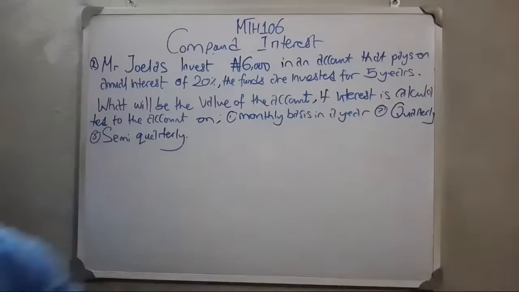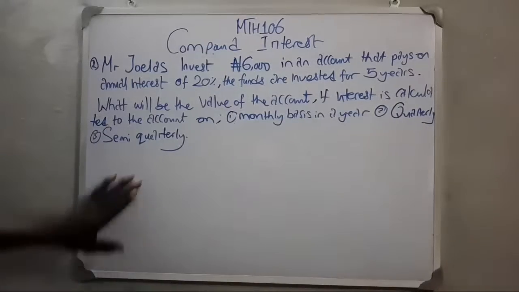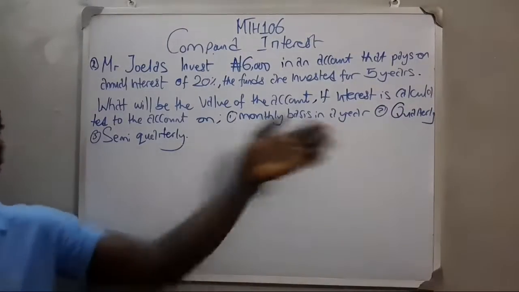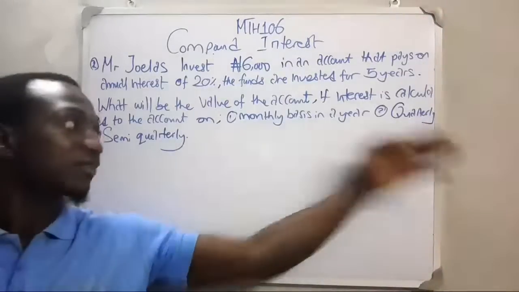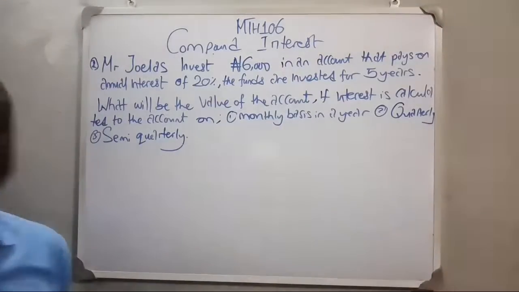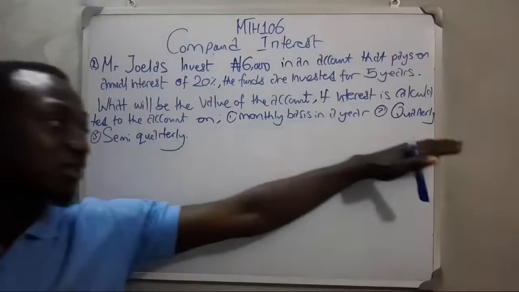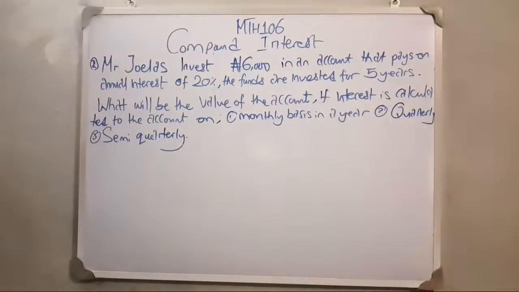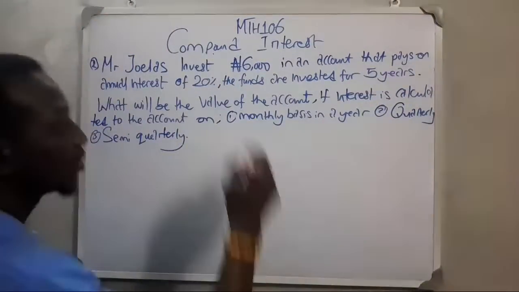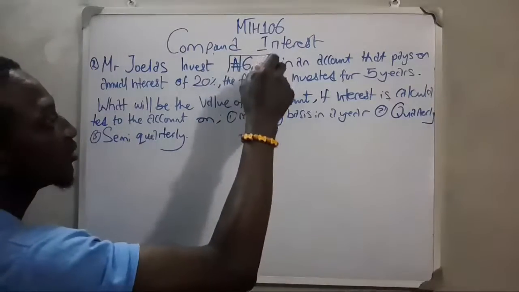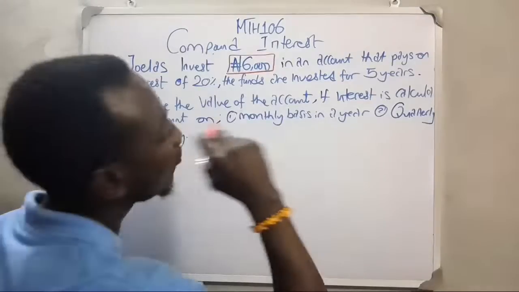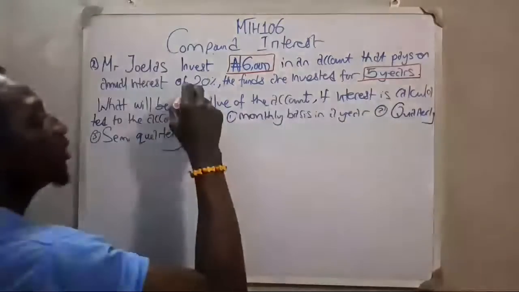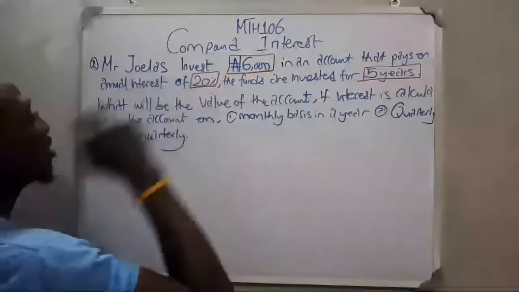So this is the question. It's a very simple, straightforward question, and we are expected to solve on a monthly basis in a year, quarterly, and semi-quarterly. So now let's identify what we need to identify. We have 6,000, we have 5 years, we have 20%.